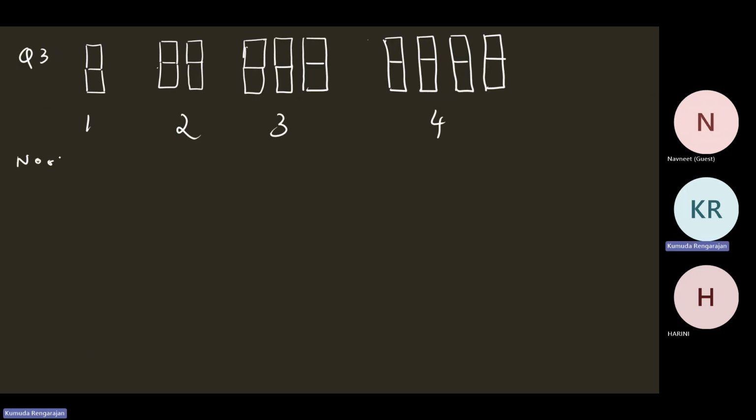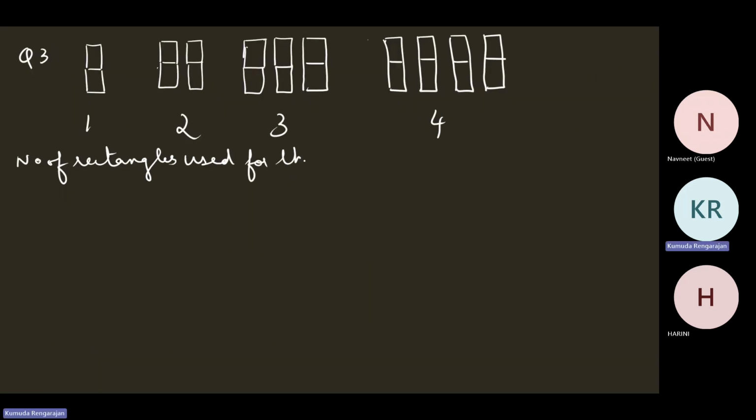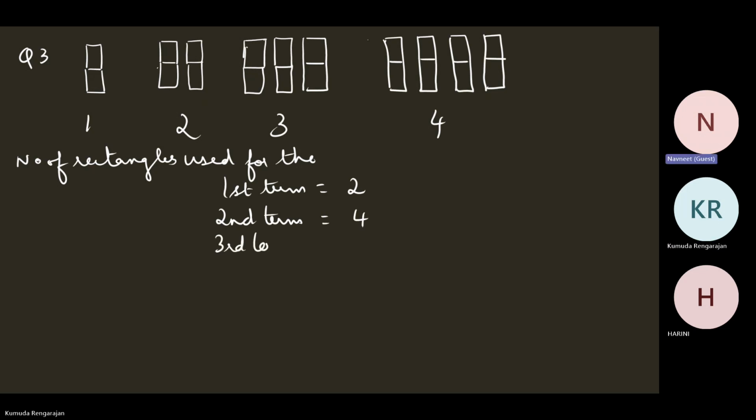So number of rectangles used for the first term is equal to how many rectangles, children, for the first term? 2 rectangles. Yeah, second term? 4 rectangles. Third term? 6 rectangles. Fourth term? 8 rectangles. Yeah. So you can write the fifth term also. I have stopped at 4.